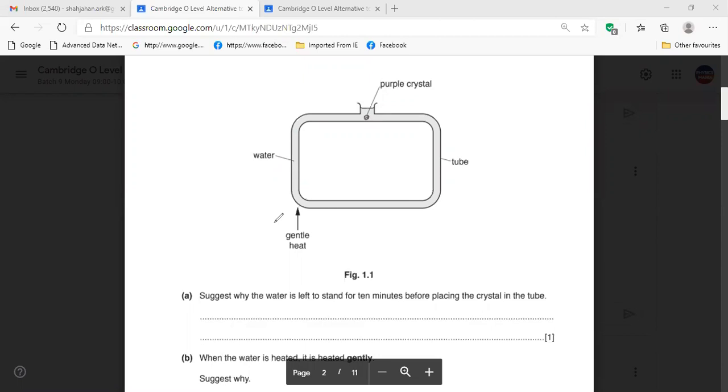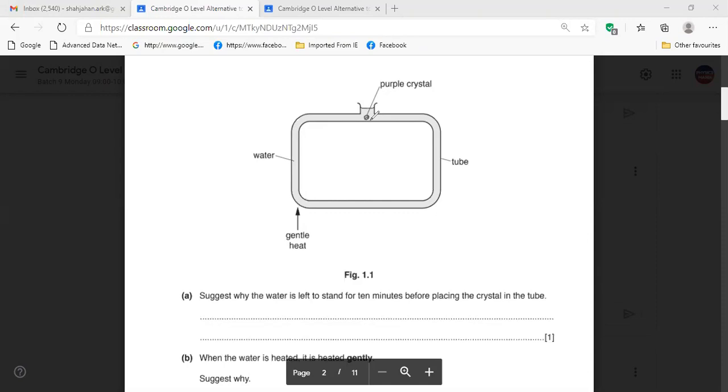Okay, so you understand the discussion we did. We want to observe here the convection process. So if we are not allowing this water to settle, then there might be some shaking or vibration of the water molecules, and the movement of water molecules will be to the left, upwards, in different directions, right? So that will affect our convection process, isn't it?